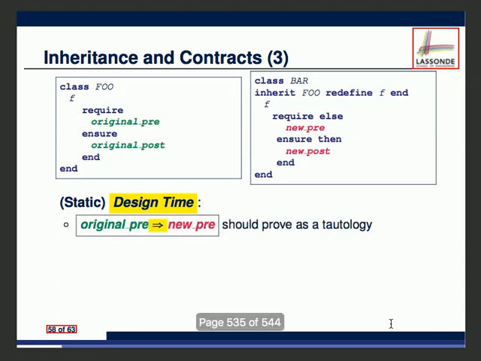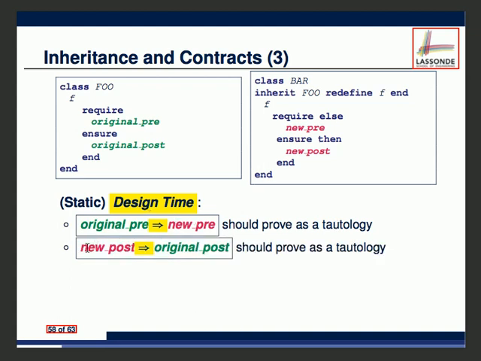You want to make sure the precondition in the superclass logically implies the precondition in the subclass. And when we say tautology, that means it's always true. You should prove that. And also, you want to make sure the postcondition in the subclass implies the original postcondition, right? That's something you can do, like a summary slide.